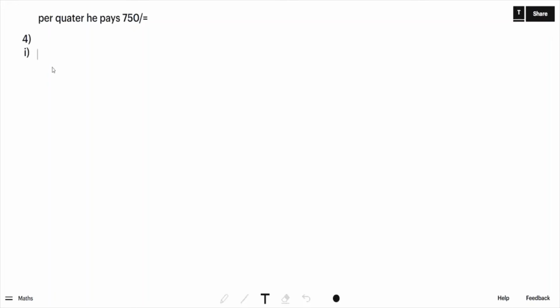So annually he pays 750 times 4, which is 3,000 rupees. He pays 3,000 rupees annually.